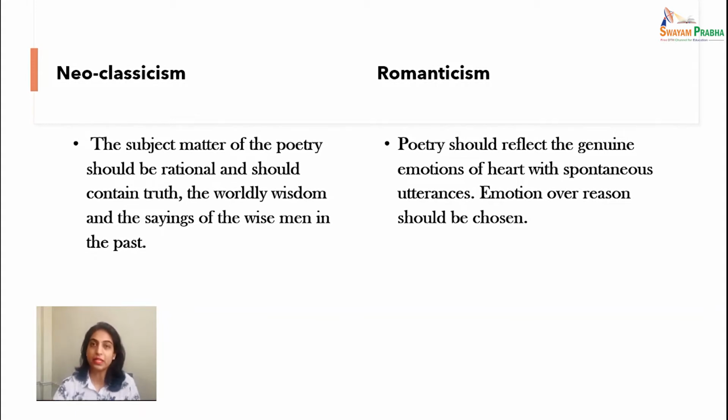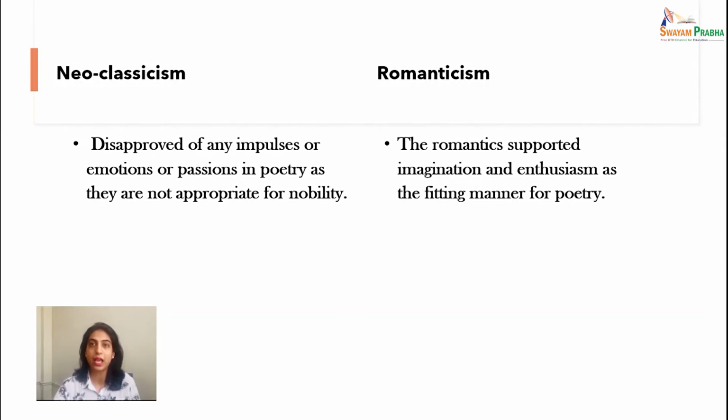Whereas the Romantic writers supported imagination and enthusiasm as the fitting manner for poetry. They, unlike their predecessors, experimented a lot with the language of poetry, meter, and style. And most importantly, their content and focus were markedly different.